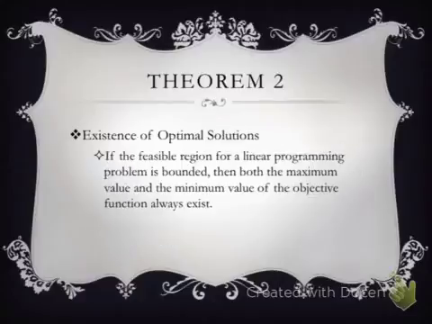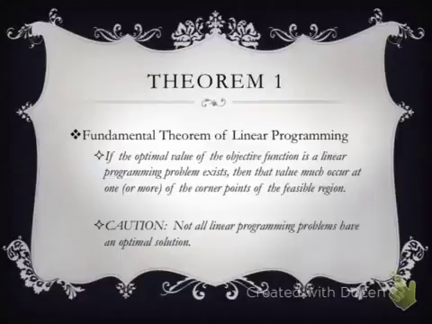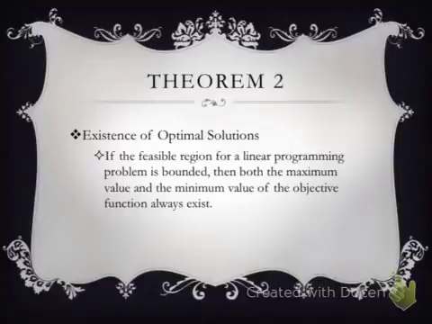A second theorem has to do with the existence of optimal solutions. So again, our theorem said if an optimal value for the objective function exists, sometimes it doesn't. And so how do we know when we should expect an optimal solution and when we should expect there not to be one? So there's 3 points under this theorem.